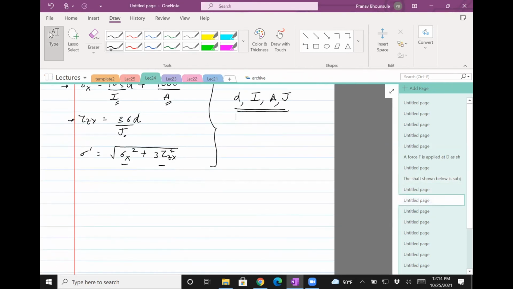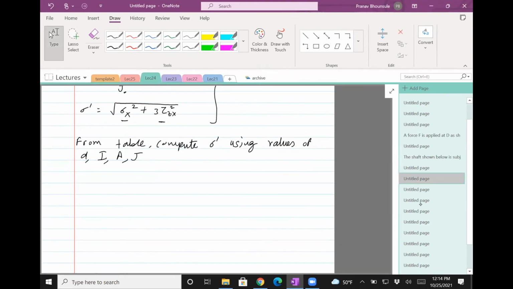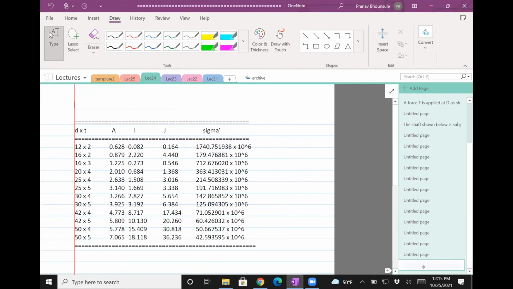So from the table, compute sigma prime using values of D, I, A, and J. Then copy this.